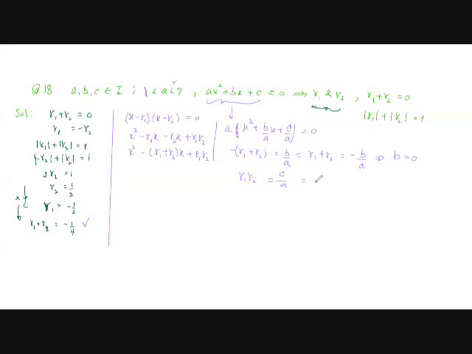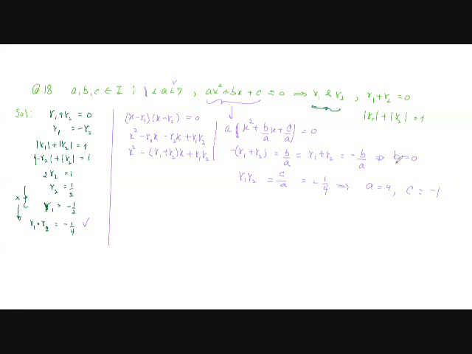R1 times R2 equals negative 1 over 4, which equals C over A. So A should be what? 4 only, correct? Because 4 falls between 1 and 7. So we can conclude A should be 4, and then C is negative 1.